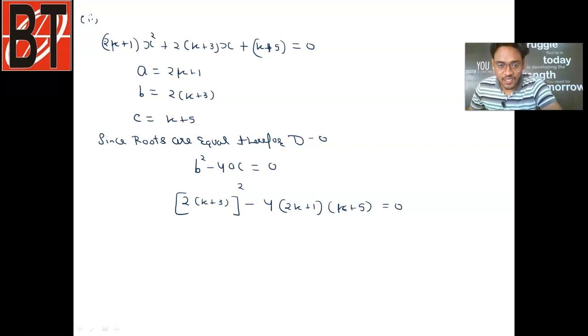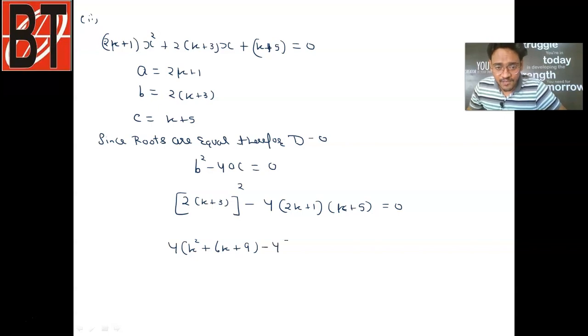See, 2 square is 4 and if I expand the whole square of k plus 3, I will have k square plus 2 3s are 6k plus 3 square is 9. I just took the square of 2, that is 4, and (k plus 3) whole square I just expanded using the identity. Okay, now it's minus 4.